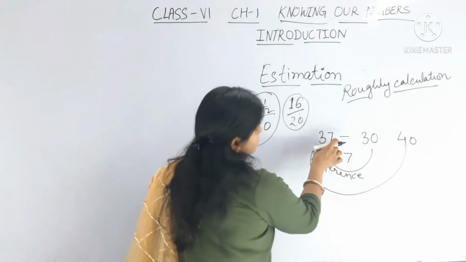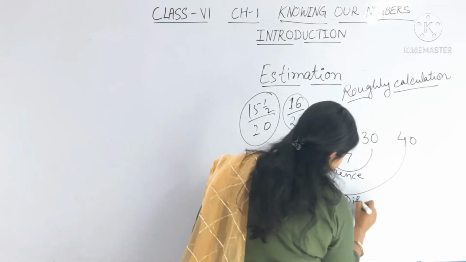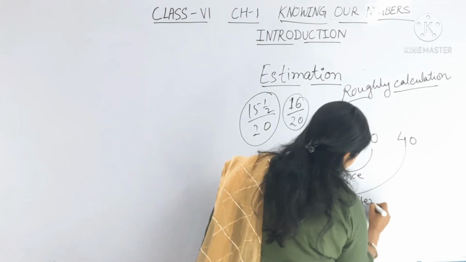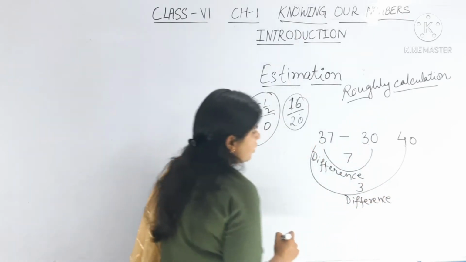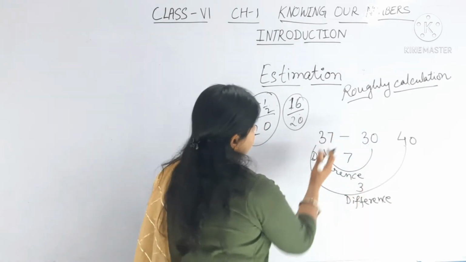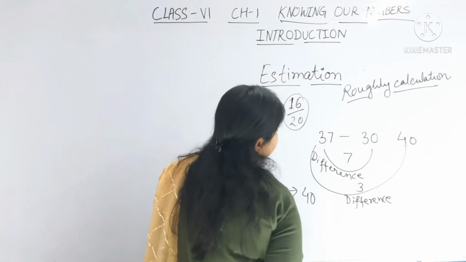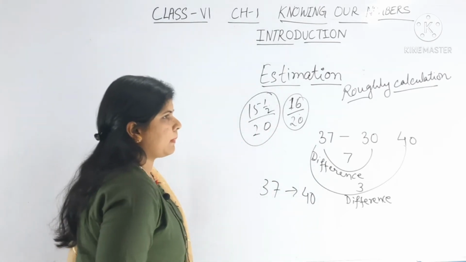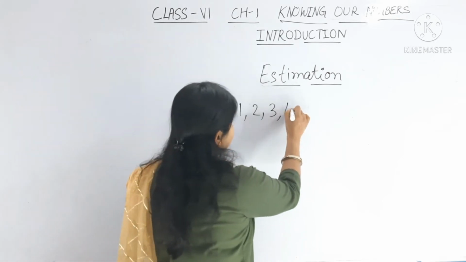And how much between 37 and 40? That is 3. So the difference is less with this one. So we can roughly write 37 as 40. Okay, so I am writing something here.